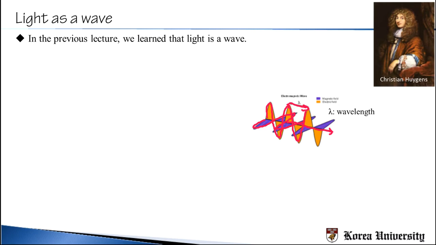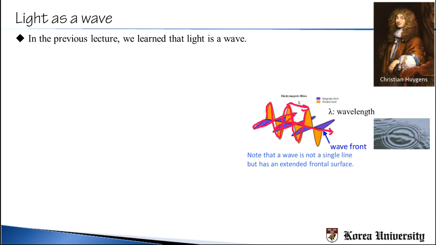Okay, but then real waves actually do not look like arrows here. If you look at real waves, it really looks something like that. So here the wave is traveling and something is oscillating up and down, and what you will actually see, instead of this arrow, is an extended line like this, which is perpendicular to the direction of the propagation, which means that this whole line will advance.